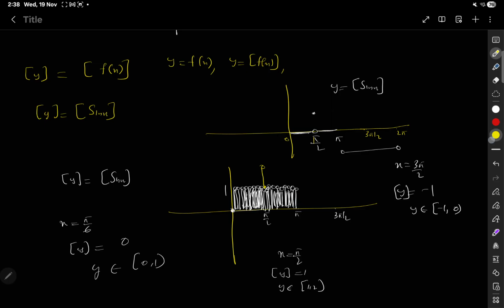After pi it will come down. From 3 pi by 2 until 2 pi, correct? Like that it will come. Okay. After 2 pi this graph will repeat. So that's the graph. Okay. Clear? Okay. Now next one is fractional part x related graphs.